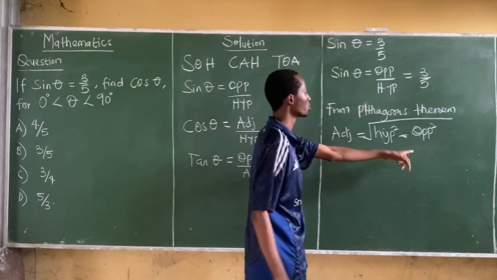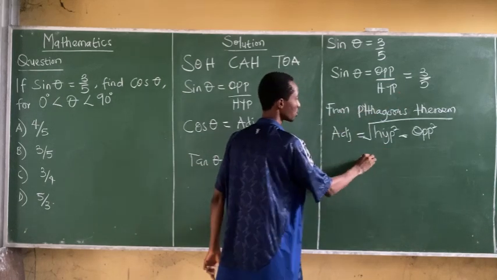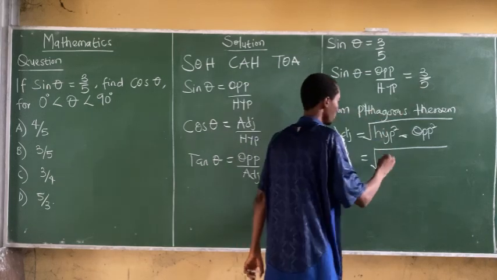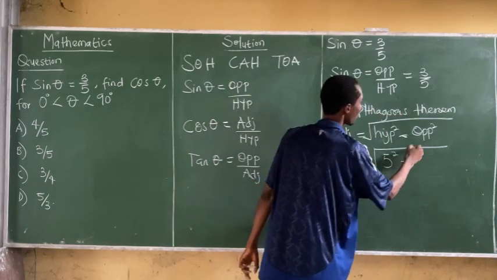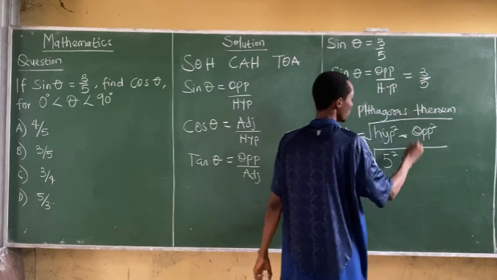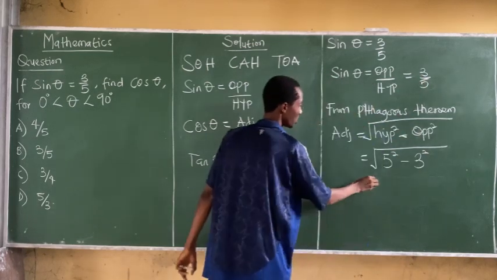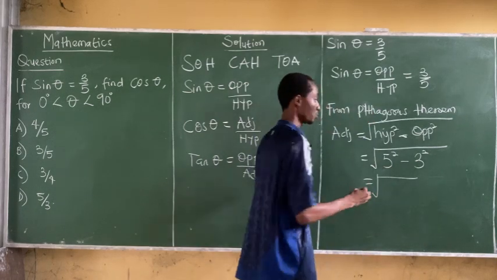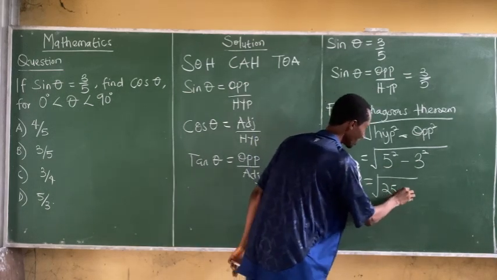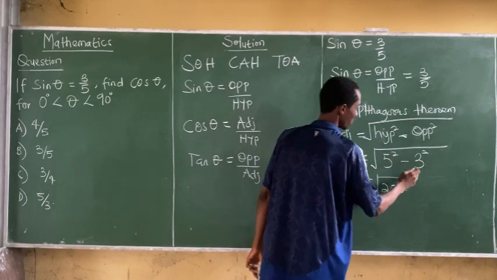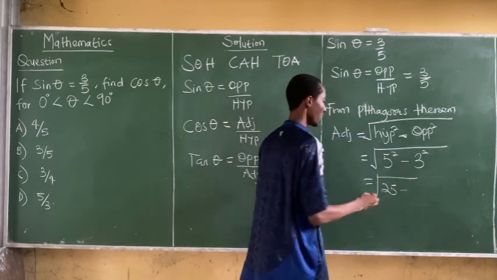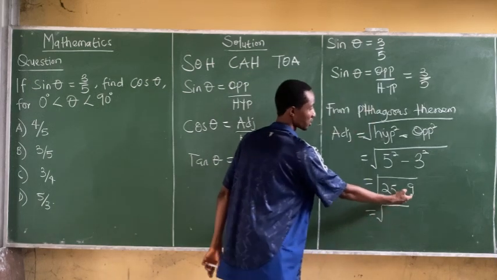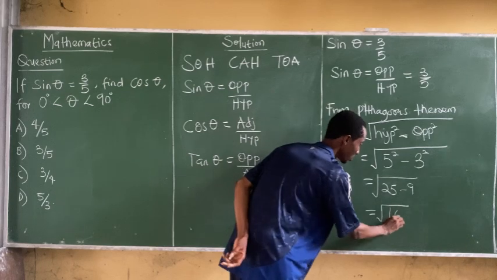If we substitute these values into this equation, hypotenuse is 5, so we have 5 squared minus opposite, which is 3, 3 squared. 5 squared is 25 minus 3 squared, which is 9. 25 minus 9 will give us 16.